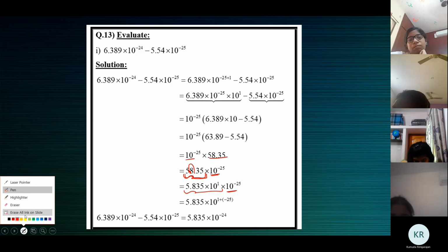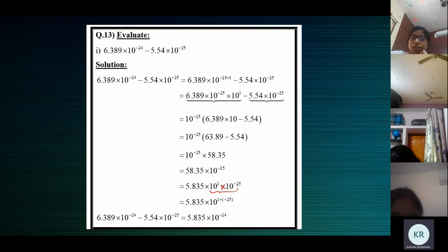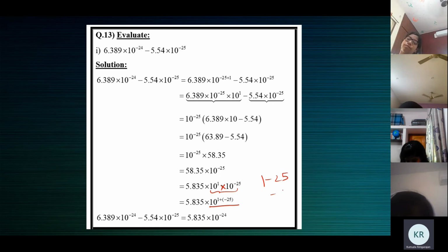Now we have 10 to the power 1 and 10 to the power minus 25. Multiplication. 10 to the power 1 into 10 to the power minus 25. When bases are same and it's multiplication, we add the powers. 10 to the power 1 plus minus 25, which is nothing but 10 to the power minus 24.